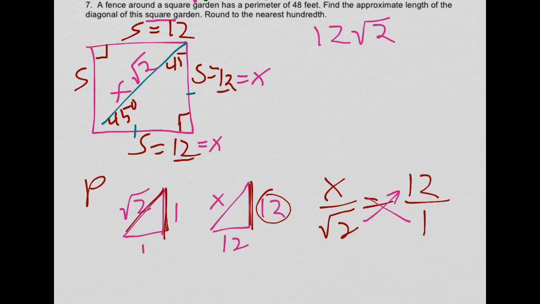Cross multiply, and you get x equals 12 root 2. So either way would be fine.